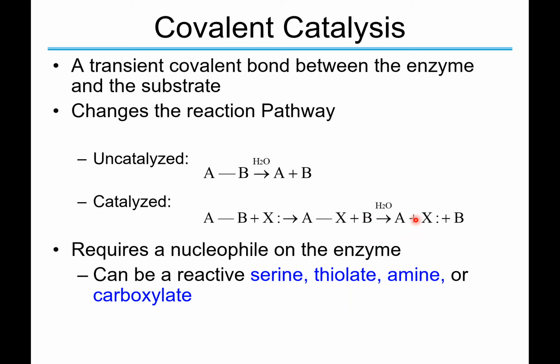The second step is the release of the part that's covalently bound to the enzyme. So in the second step, A is now leaving. This requires a nucleophile in the enzyme. That's what this X is. These can be serines, thiolates, like cysteine or methionine, amine groups, or carboxylic acid groups.